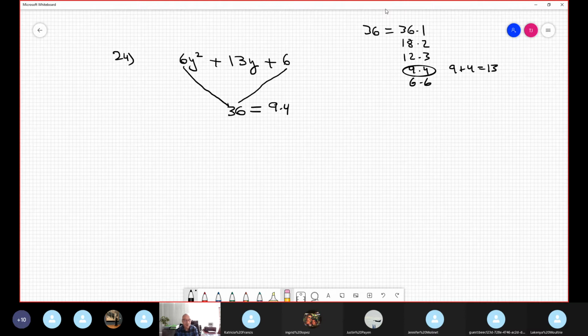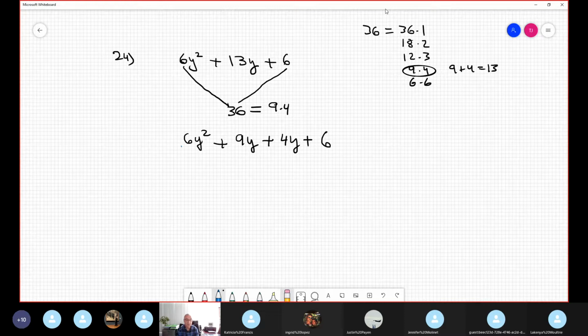So I just copy, bring down the first one and the last one, and 9y plus 4y plus 6. In this case, we have 1, 2, 3, and 4 terms. Now it's ready to apply factorization by grouping.